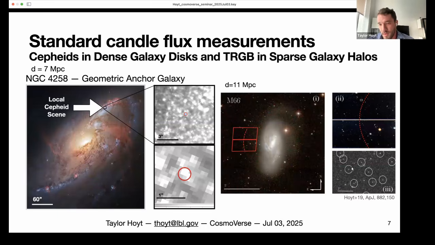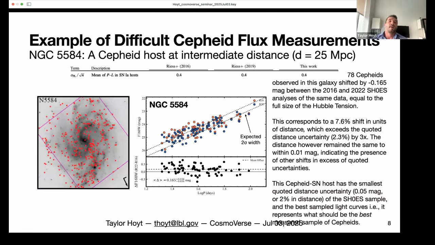So one TRGB, one source really every arc second or so. You can see just within this 2 arc second box, there are several dozens of sources near the Cepheid. So that gives you an idea of the scale. A few versus a few dozen to 100 per arc second on the sky.